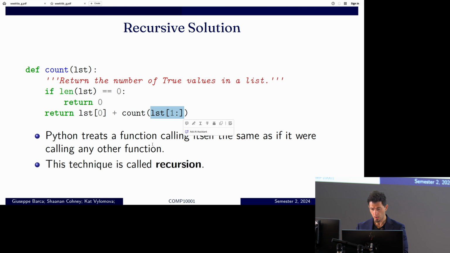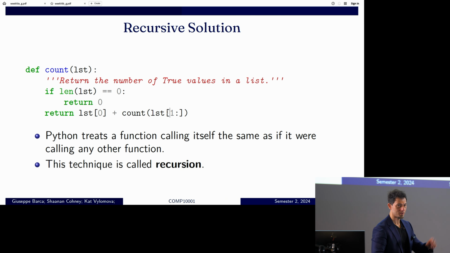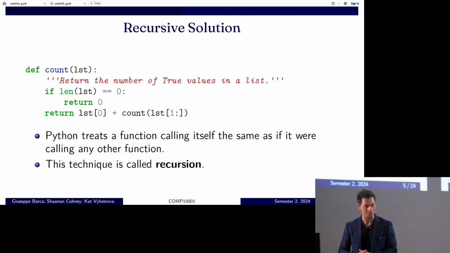Under the hood, we are going back in here, and then we are doing this check, and we are returning again this. Now, for this time that we called count again, the first element here will be the first element of the list without the very first element. So the first element will be the second now.